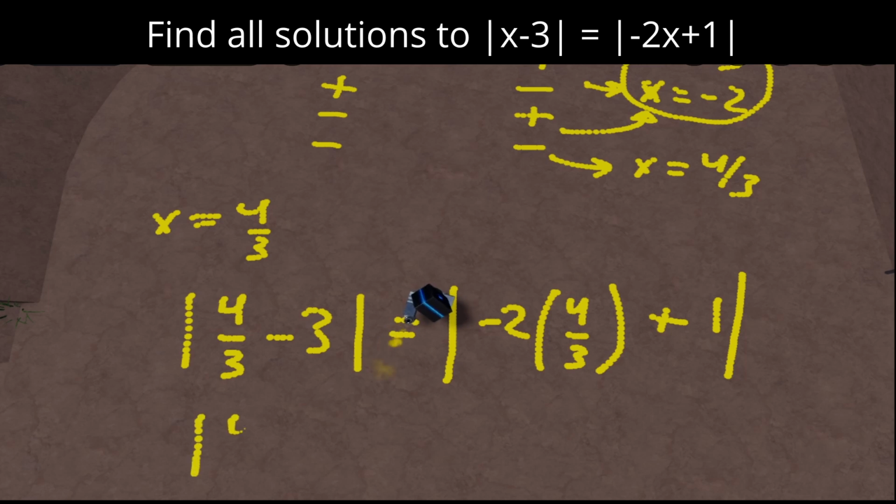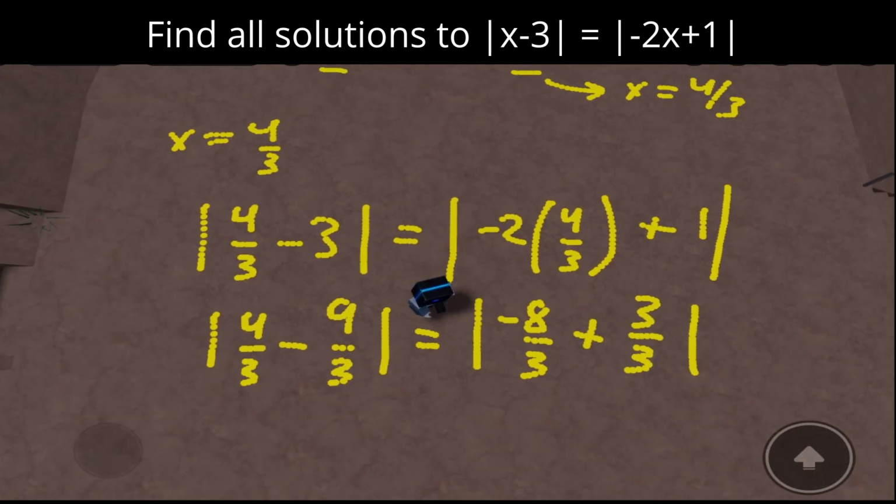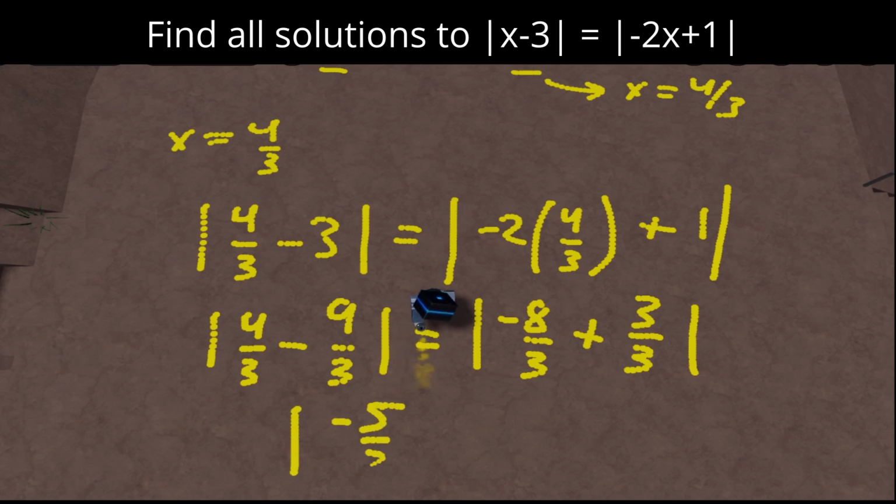Well, we have 4/3 minus 3 is just minus 5/3. And that's equal to minus 2 times 4 is negative 8/3. Plus 1 is just 3/3. So now that gives us minus 5/3 over here equal to the absolute value of minus 5/3.